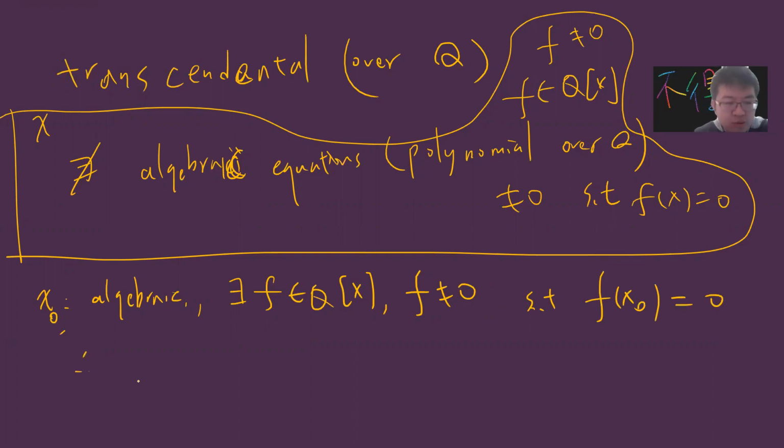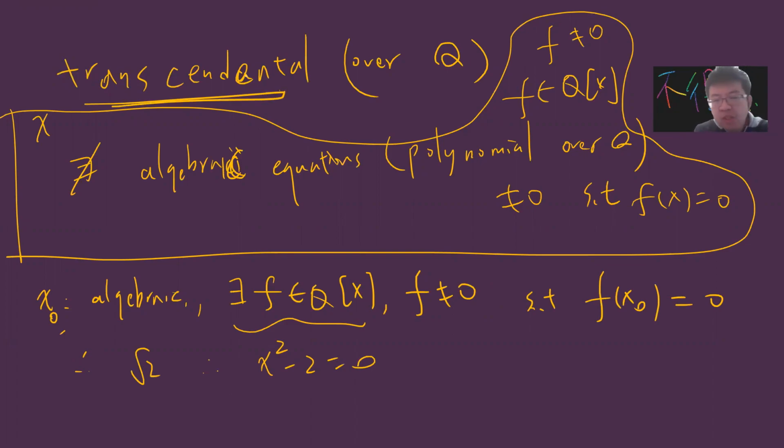For example, the square root of 2 is algebraic because x squared minus 2 is 0. If for every non-zero polynomial x is not a root of it, then this is called transcendental. Okay, so this is the definition.